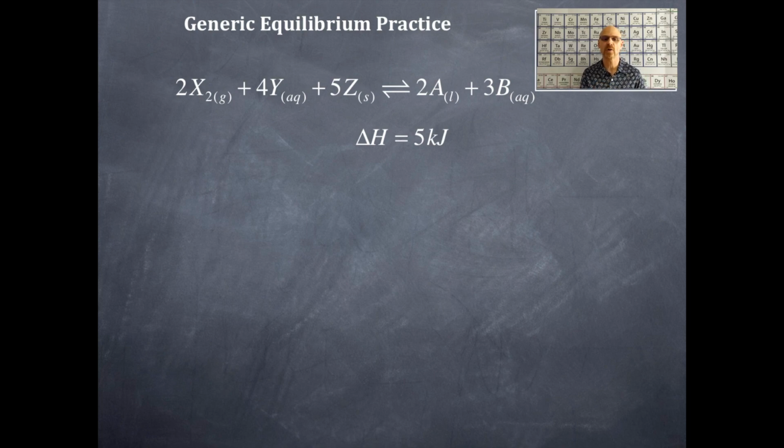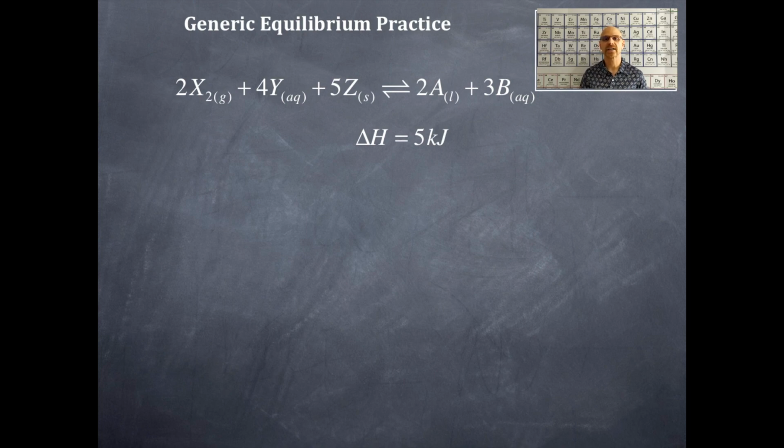So it's 2 moles of X2 in the gaseous state plus 4 moles of Y in the aqueous state plus 5 moles of Z in the solid state. Those are the 3 reactants. I got those double-headed arrows there to let me know that this is an equilibrium reaction and not a unidirectional reaction. That means that this reaction will go either towards the products or towards the reactants. I can approach it both ways.